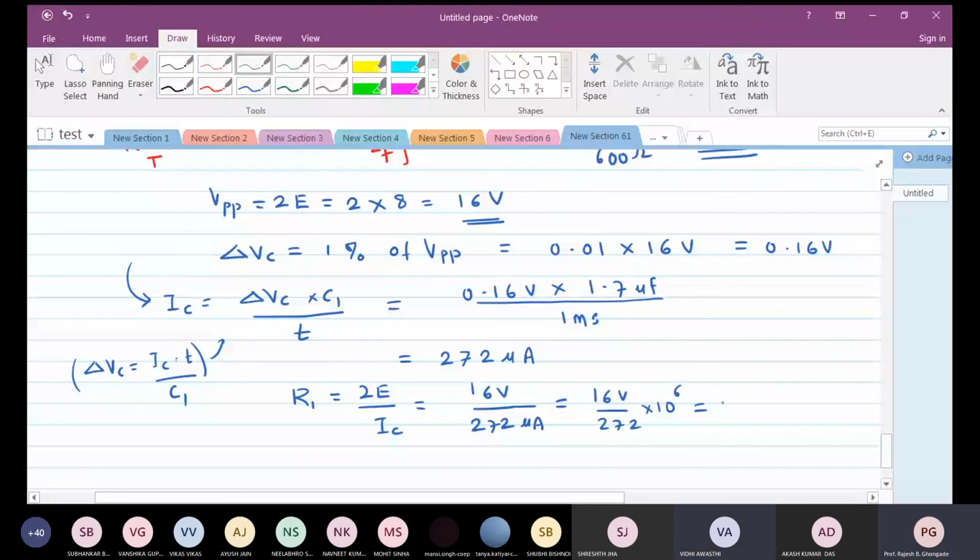So 58.8 kilo ohms. 82 kilo ohms. This is what we are doing. 82 kilo ohms. So your problem is solved. Okay? I hope there are no doubts with this.